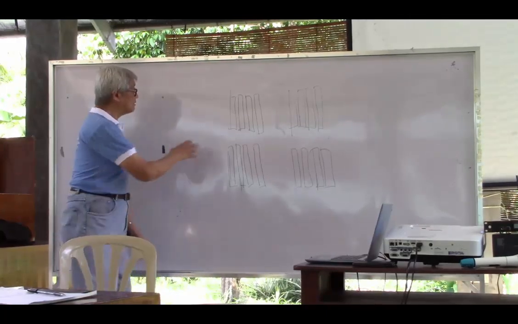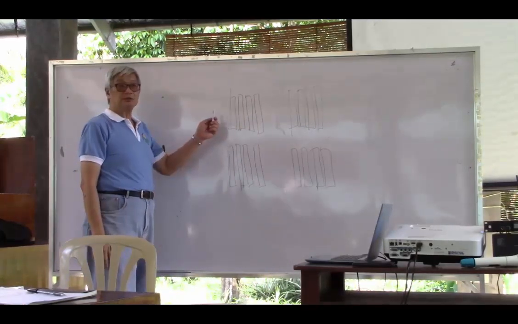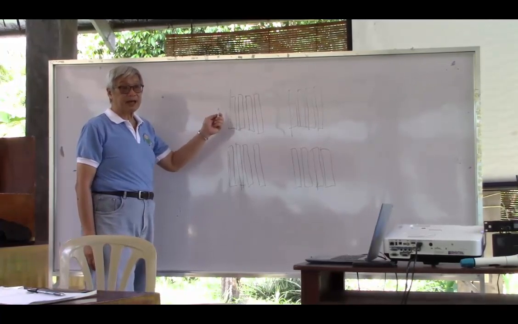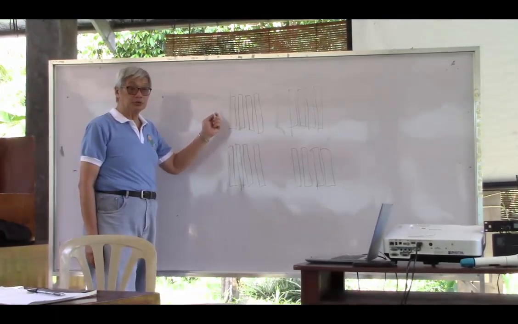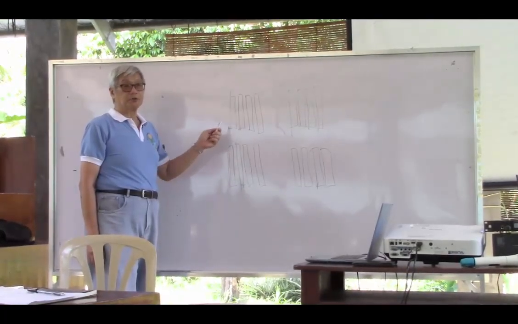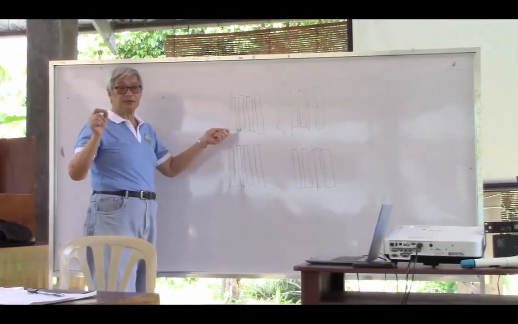Okay? So every section there is a record. The record will say what is planted there and what you did with that area. If you put fertilizer, it's recorded when you put the fertilizer.